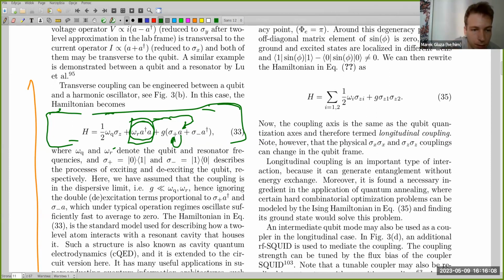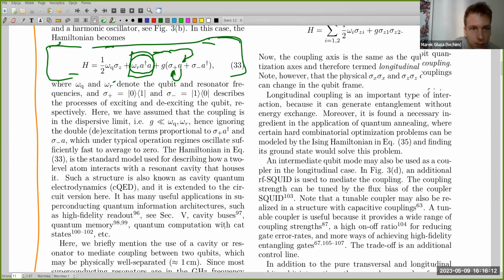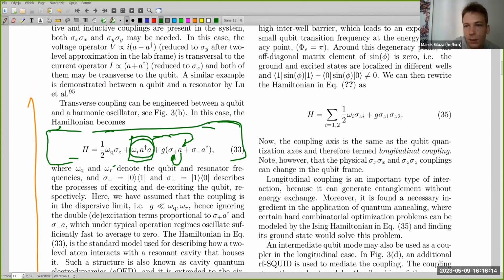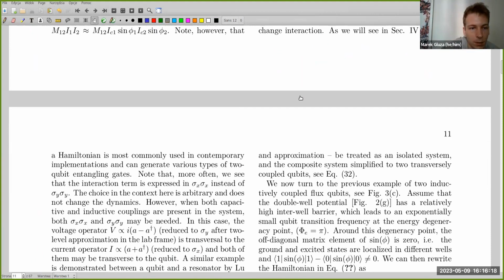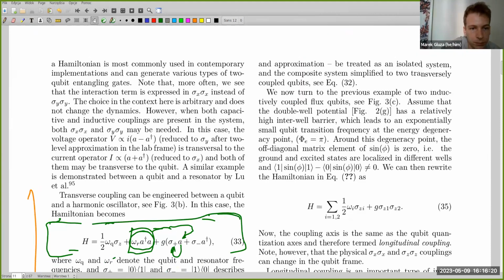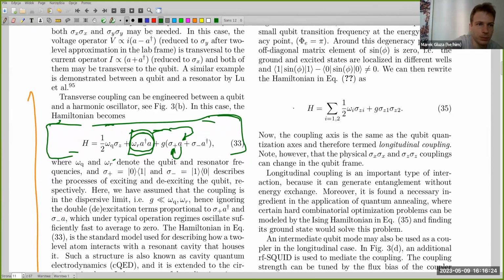So we will see that this is called the transverse coupling to a cavity or something like this. I think we saw it somewhere. Maybe it would be worth discussing more, but transverse coupling can be engineered between a qubit and a harmonic oscillator. So that's what we get.